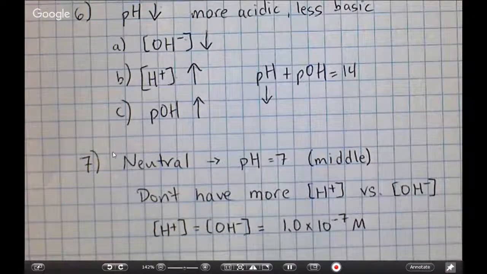Any questions on this sheet? Okay, and let's take our full sheet out.